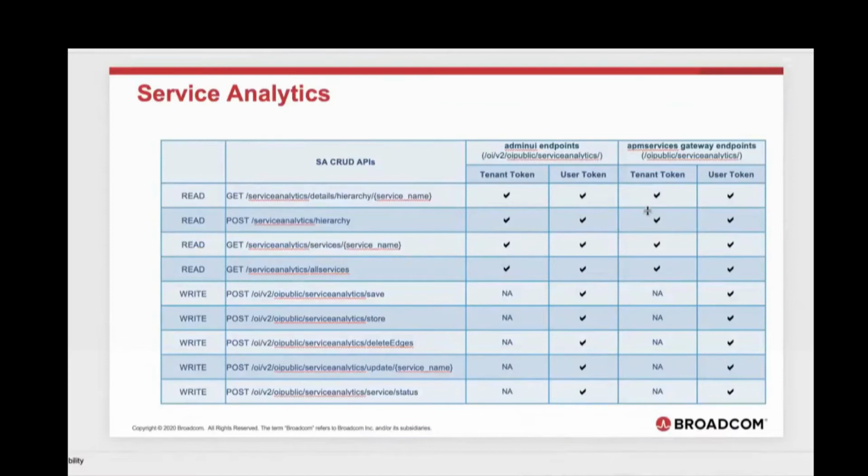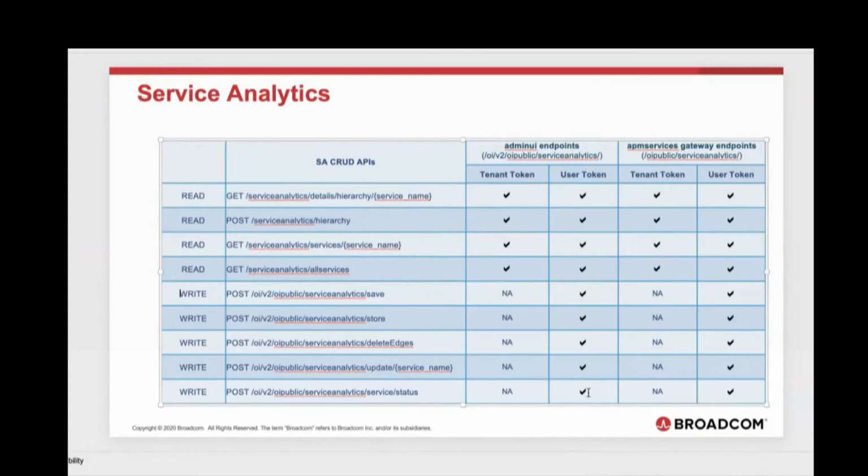Now we have two flavors, using the user token and the tenant token. The introduction of RBAC restricts the tenant token to be used only with the right APIs. So if we have to use the APM services gateway endpoint, we will have to use the user token for the right APIs. Otherwise, we can simply go to the admin UI endpoints, where everything is available with the user token.